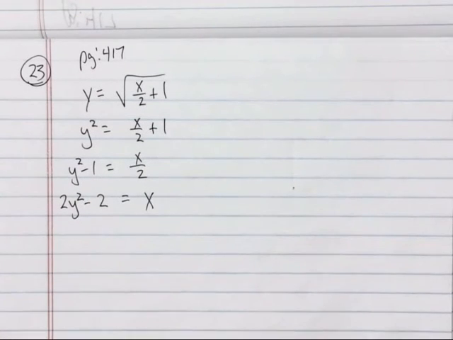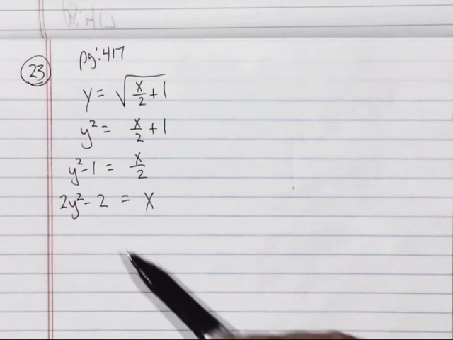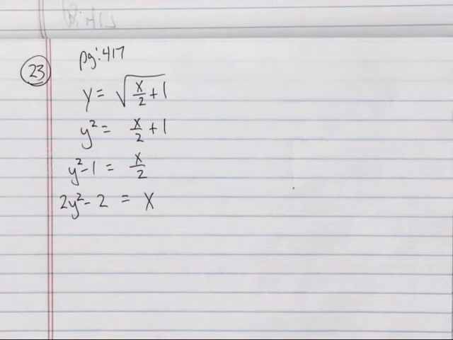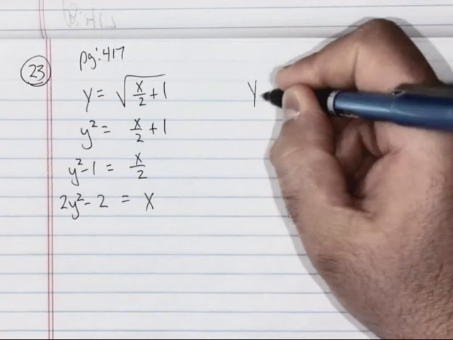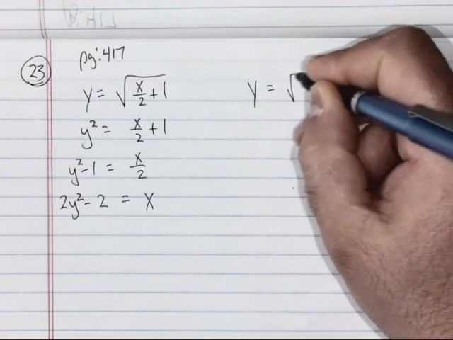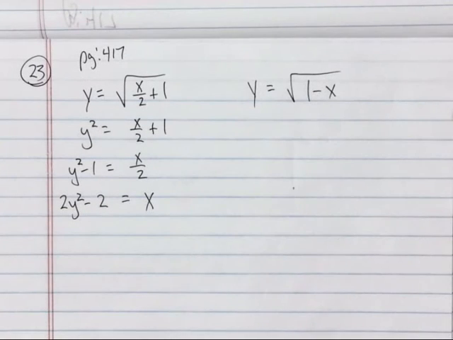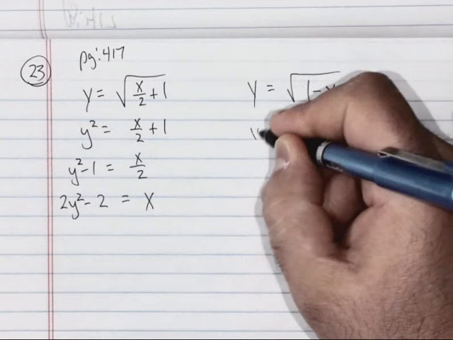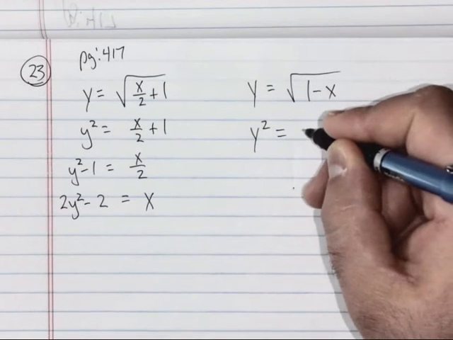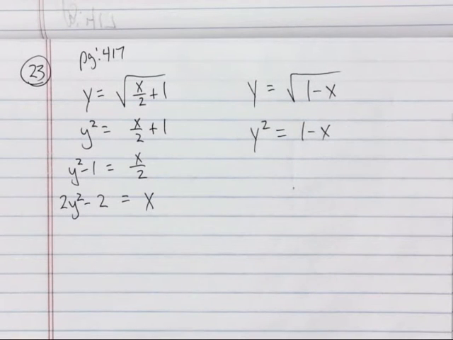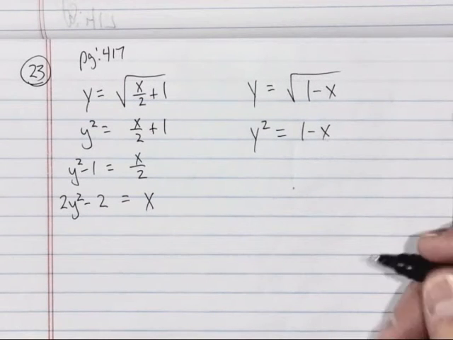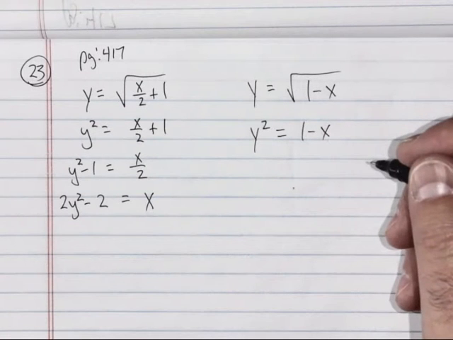And so now we have this function solved for x. I'm going to do the same thing for the other function. So y squared equals 1 minus x, so square both sides. Subtract the 1.